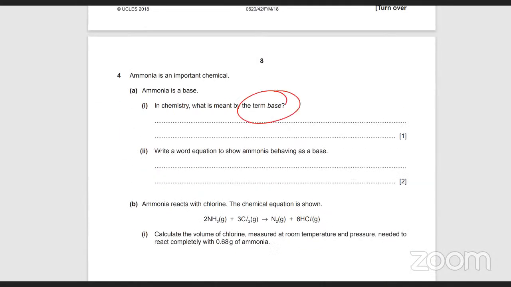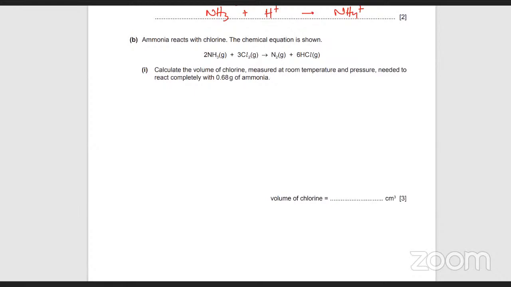What is meant by the term base? जो accept करता है protons, right? Accepts. Show ammonia behaving as a base. तो वो एक्सेप्ट कर लेगा और वो बन जाएगा NH4+1. अच्छा, मोल्स का क्वेश्चन है, वो कह रहा है कि अमोनिया जो है ना वो 0.068 ग्राम्स रिएक्ट कर रहा है. हाउ मेनी मोल्स इज दिस?